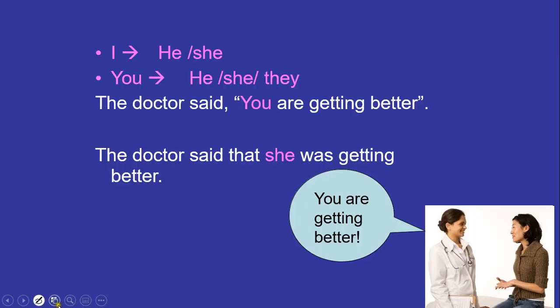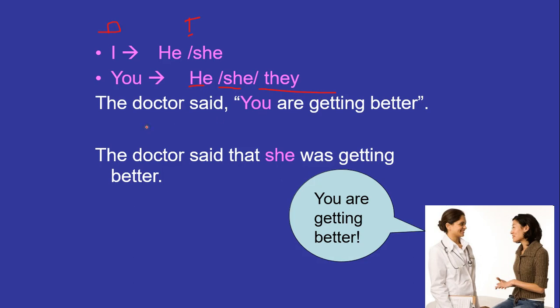"I" changes to "he" or "she." If direct speech is "you," it becomes "he," "she," or "they" in indirect speech.